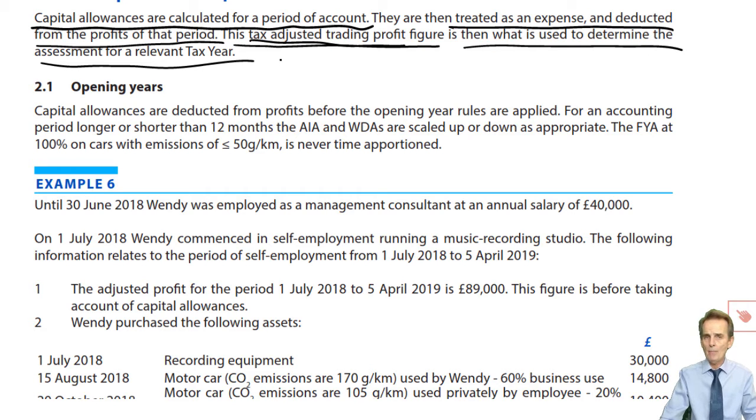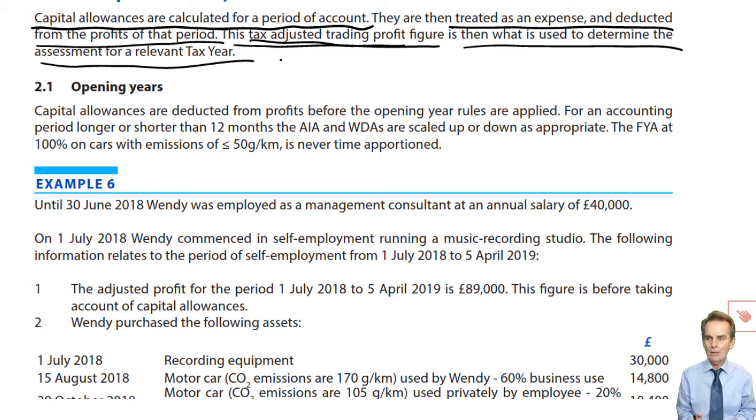What I hope you remember from chapter 5 is that we have 3 possible allowances available in any accounting period: firstly AIA, followed by WDA, and possibly at the very end of our computation, we may have a first year allowance. The only asset that ranks for first year allowance that we need to be aware of in our syllabus is a low emission car, on which a 100% first year allowance is available.